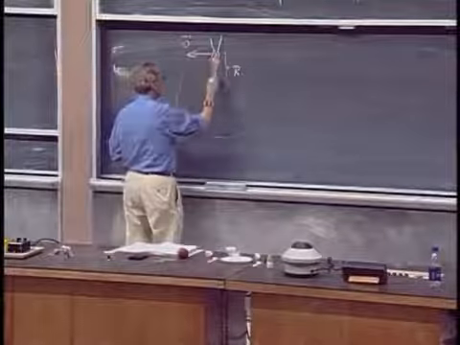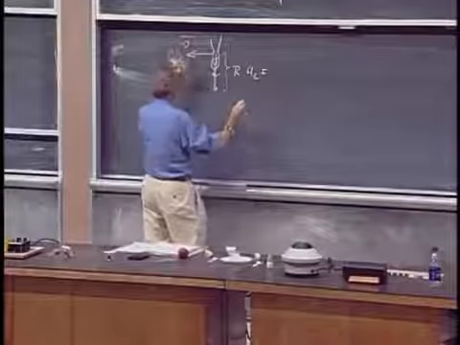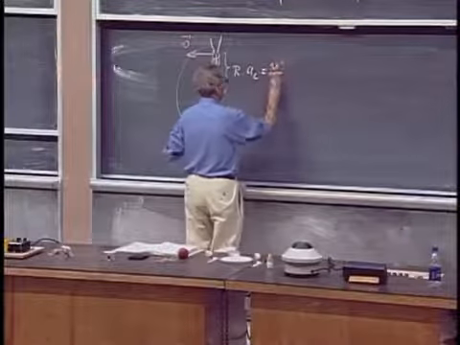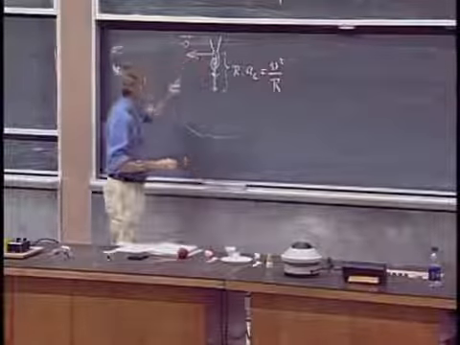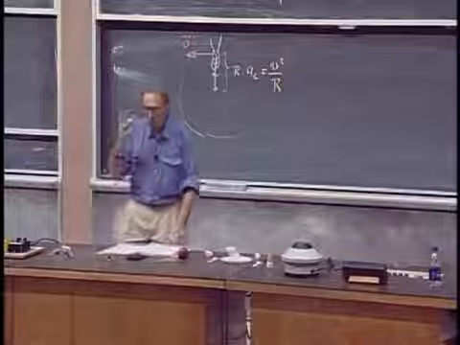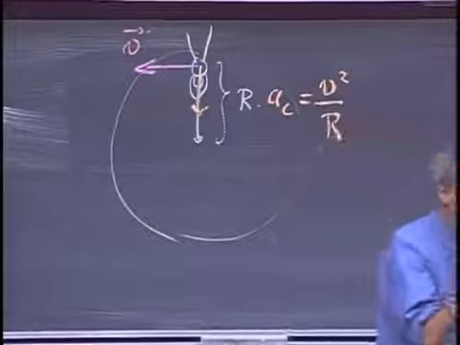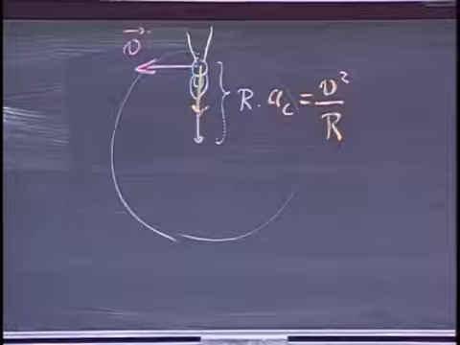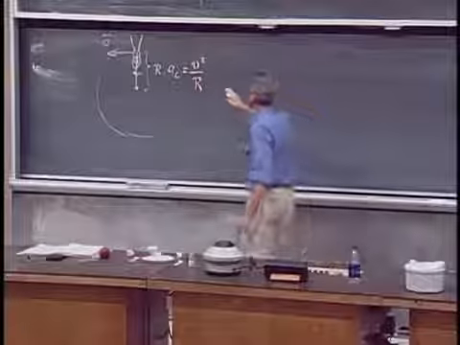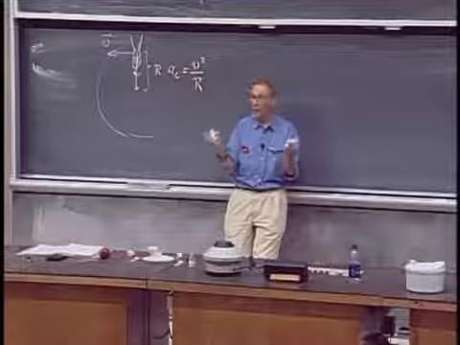So you need a centripetal acceleration, a of c, which is, you can take the v squared divided by r, if you like that. This is the magnitude of that v. Now follow me very closely. Just imagine that this number happens to be exactly 9.8. I can always do that.